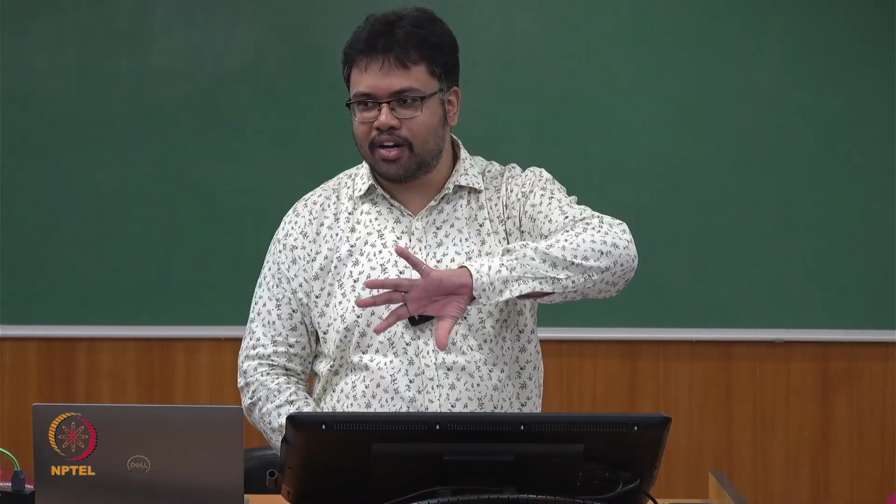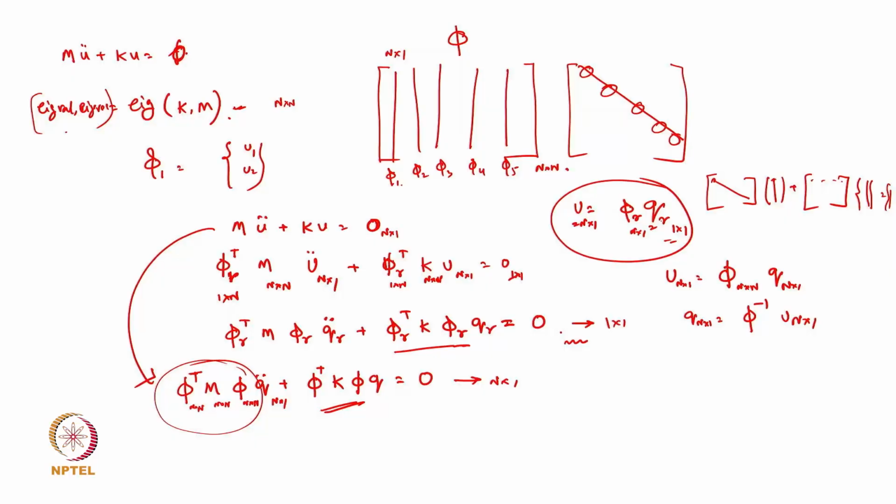Our target, if you can recall, is to make the K matrix diagonal. We came somewhere here where we changed our coordinate system. We multiplied with the eigenvectors and we are more or less somewhere here. Perfect. Now our target is to make the things diagonal.